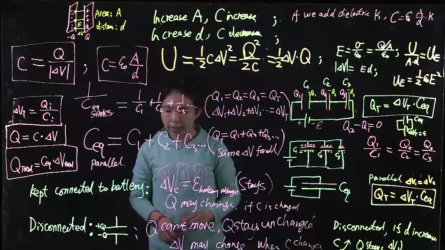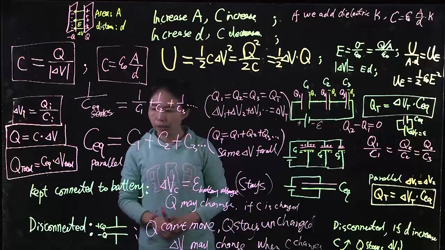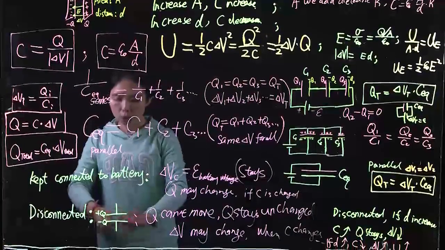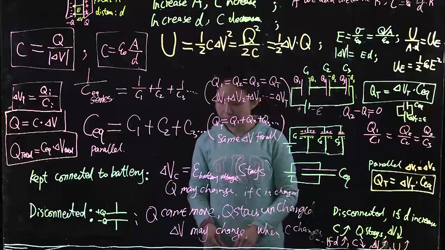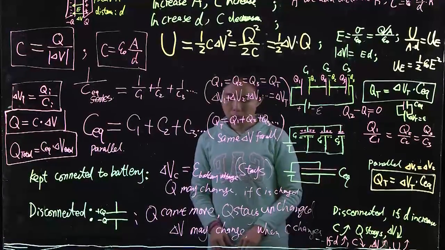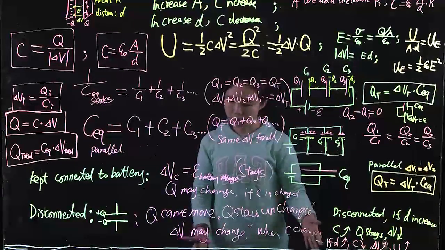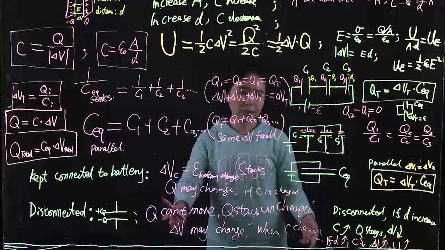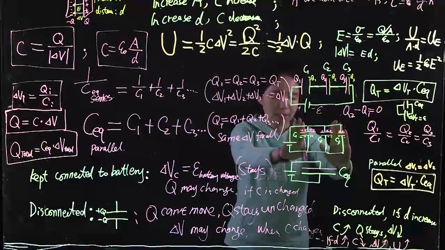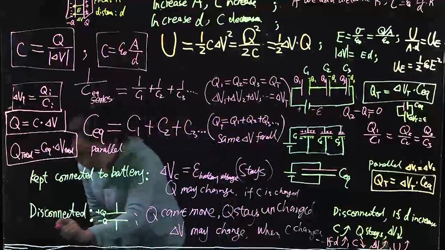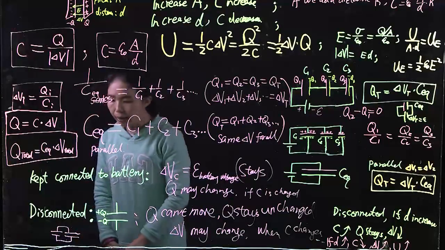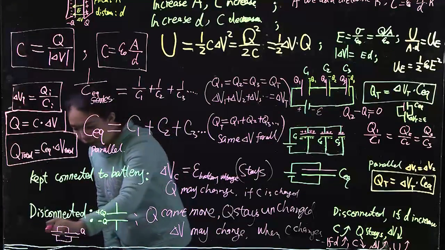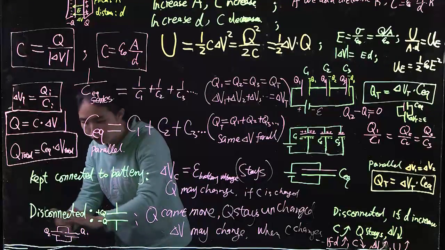Okay, and that's it. In some of the homework problems, when you have a system of 2 capacitors in parallel and then disconnected from other things, then the voltage may change. You have no control. Charge is not going to change, but if you have 2 of them disconnected from anything else, then your charge 1 and charge 2 may redistribute.